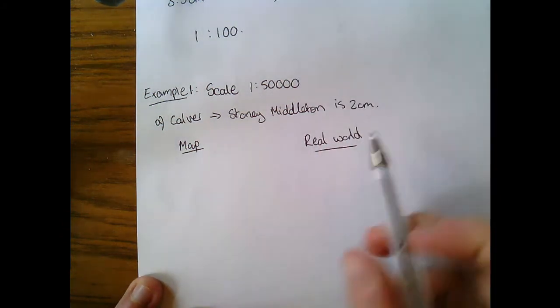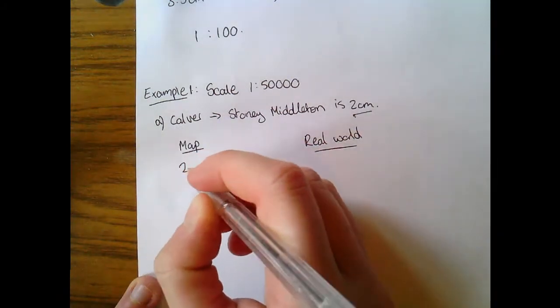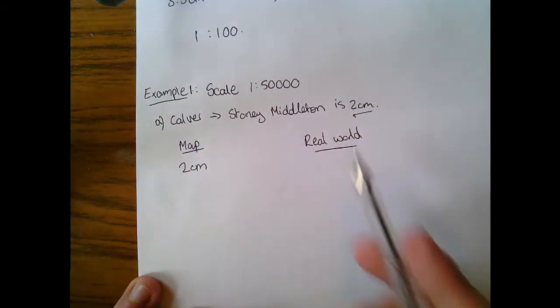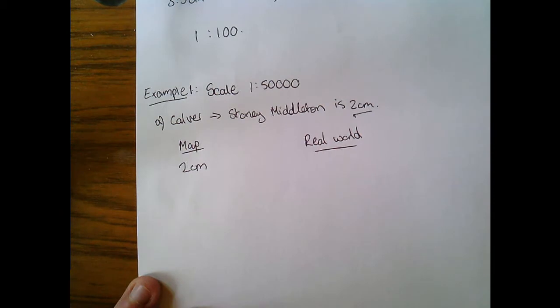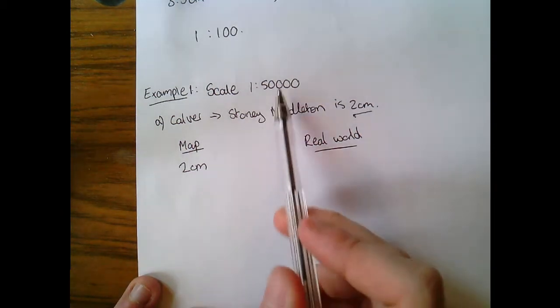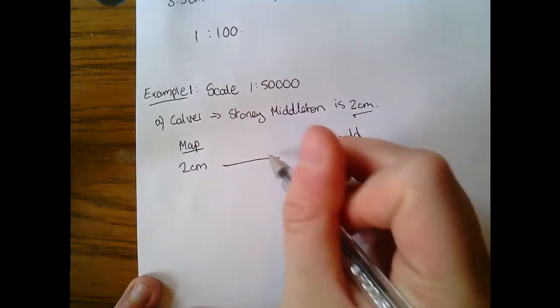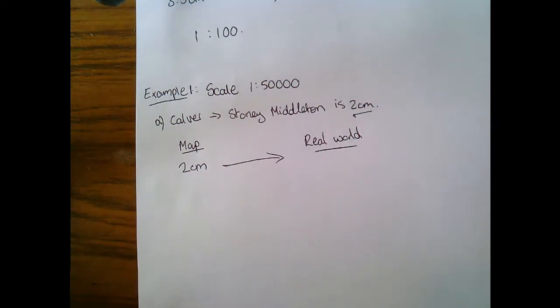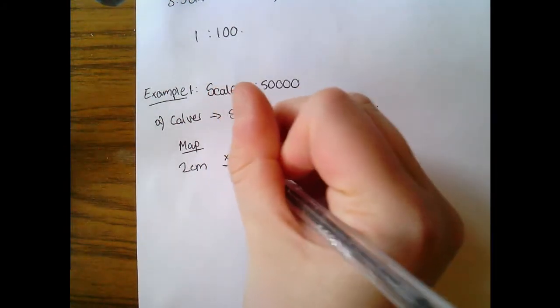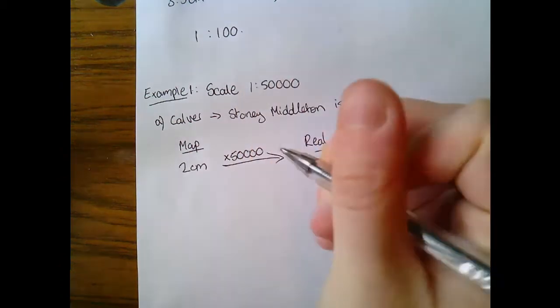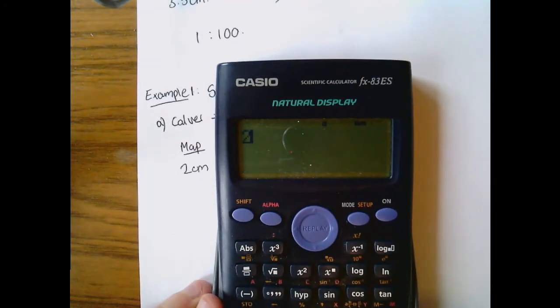On our map we know it's 2 centimeters, and in the real world it's 50,000 times bigger. So going from our map into the real world, we multiply by 50,000. We grab our calculator, 2 multiplied by 50,000.